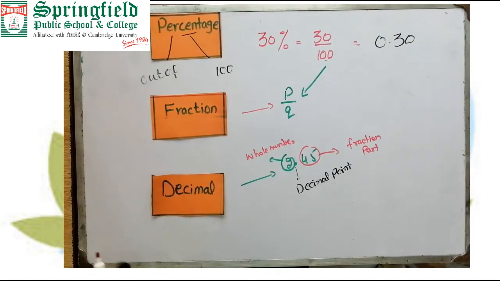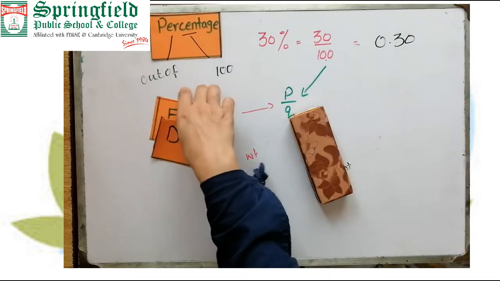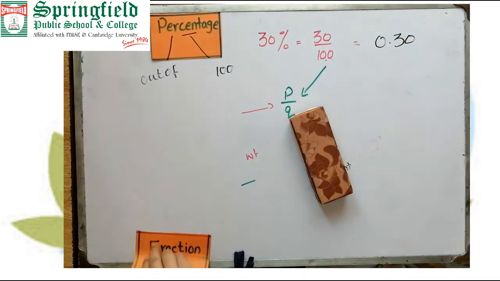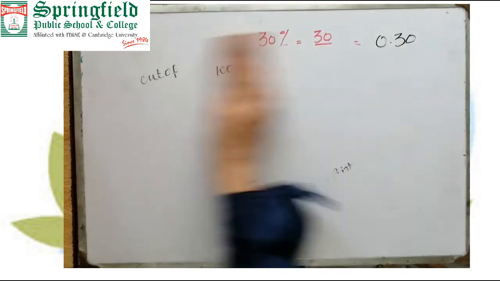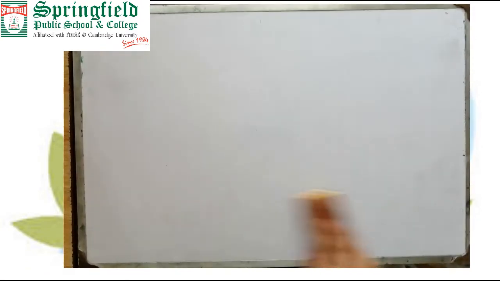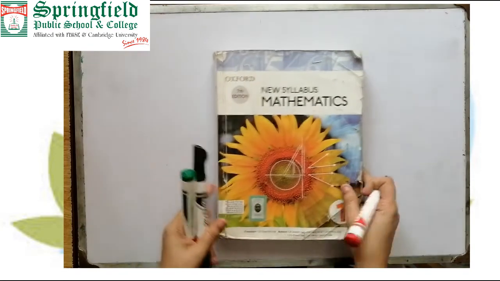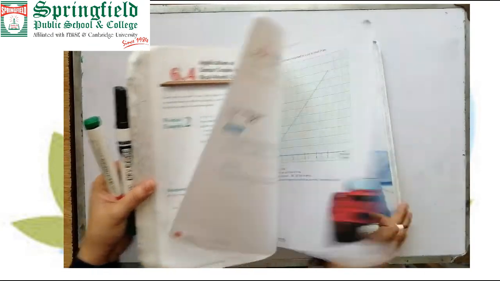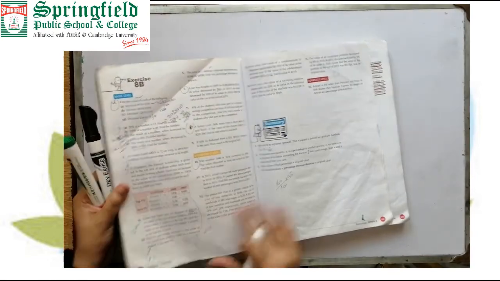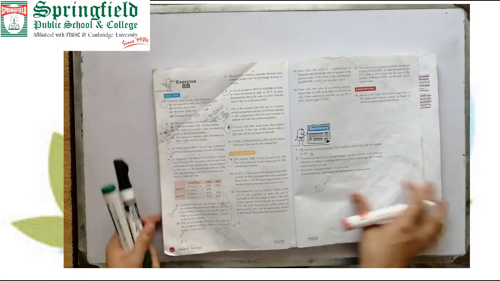Understood beta? Okay. Now after the prior knowledge, come to the question answer of exercise 8b. So beta, open your book and turn to page number 199 and exercise 8b.